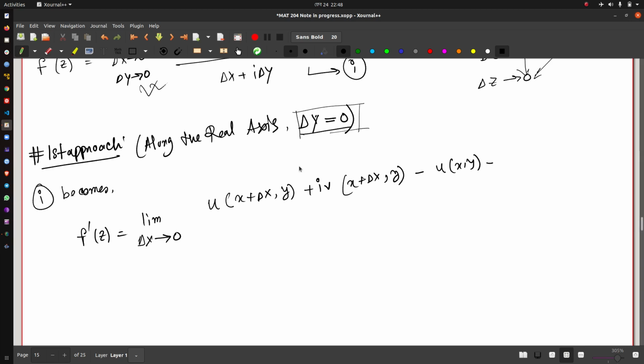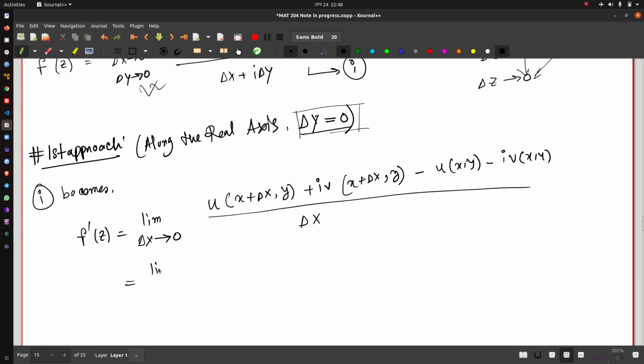So now let's write the next line, and it should be minus ux minus iv xy, and in the denominator we will only have our x. Right, now let's try to collect the real and the imaginary terms and see what happens.